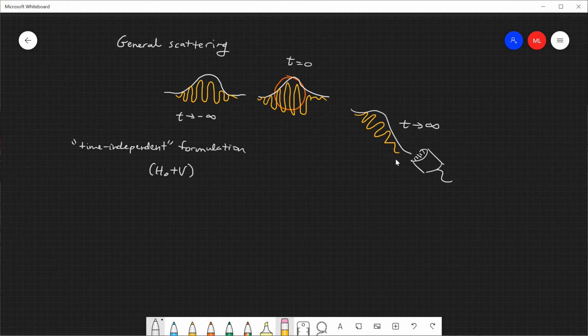There's some potential, and there's some H naught, which is typically the kinetic energy, and we look at scattering solutions where E is our incoming energy, and psi plus is what we would call the scattering solution where stuff comes out. You send stuff in and stuff comes out.